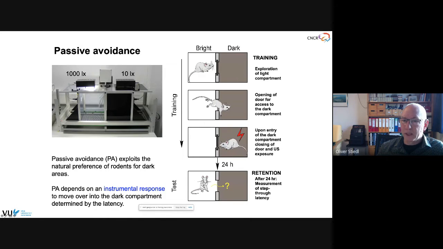You can confine them in the dark compartment, and then you can expose them to a shock. And then after a defined time interval, again, you can test, are they deliberately entering the dark compartment? And if the animals have formed long-term memory, they should inhibit to move over. And that's the reason why it's called passive avoidance or inhibitory avoidance.